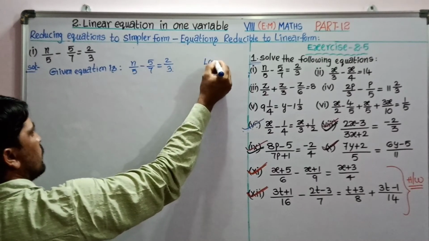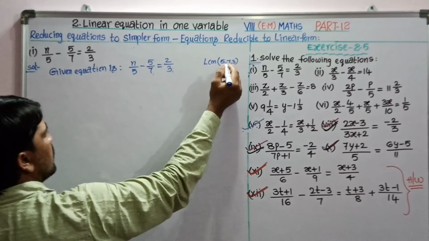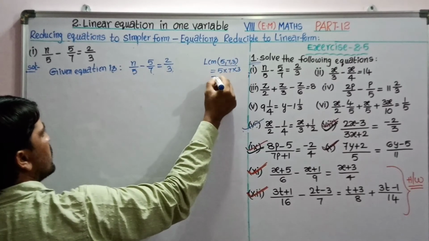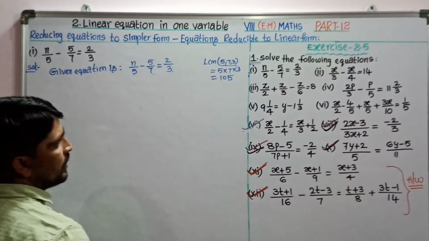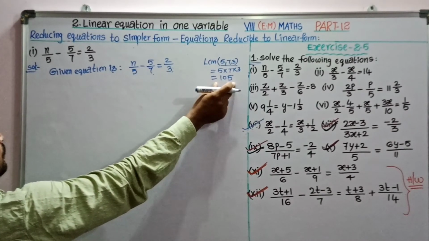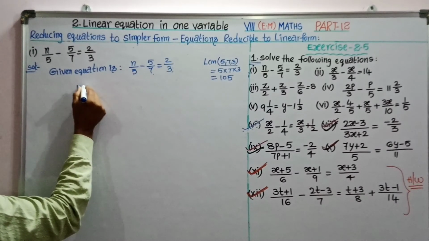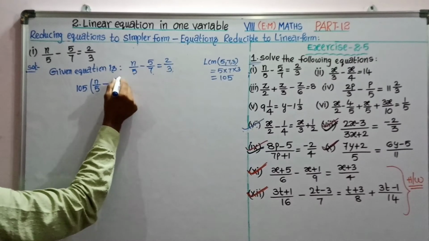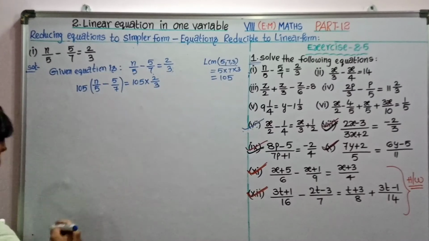So LCM of denominators 5, 7, 3 is, since all are prime numbers, their product is their LCM, that is 105. 5 7s are 35, 35 3s are 105. So multiply with 105 on both sides of the equation, we get 105 times of n by 5 minus 5 by 7 equal 105 times of 2 by 3.